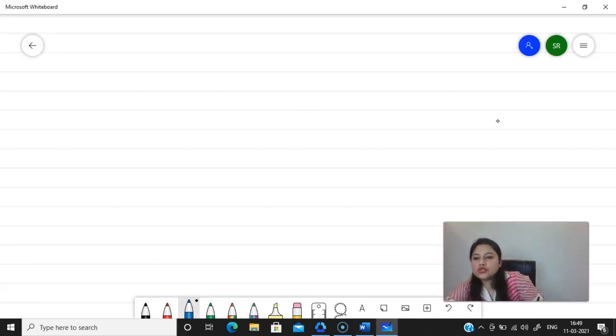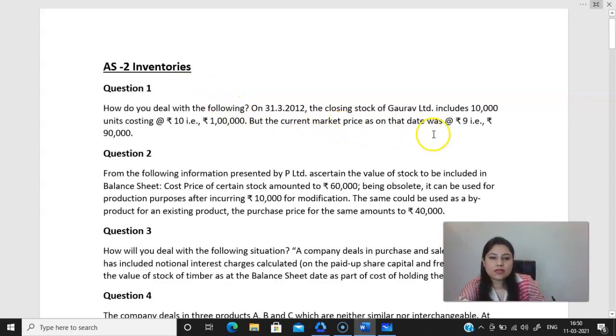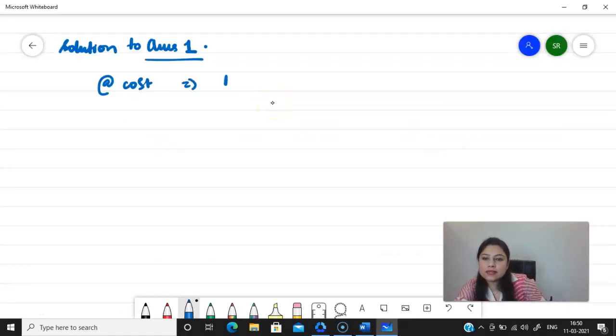In the solution to question number 1, at cost the value of the goods is: the units are costing rupees 10 and it includes 10,000 units, so the cost would be 10,000 into rupees 10, which amounts to 1 lakh.